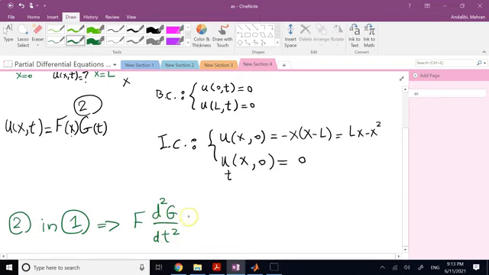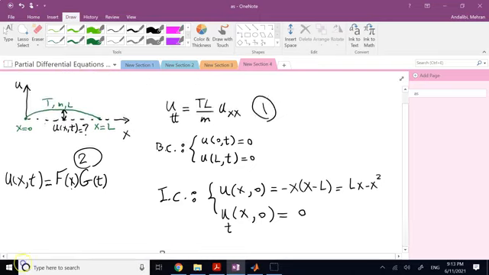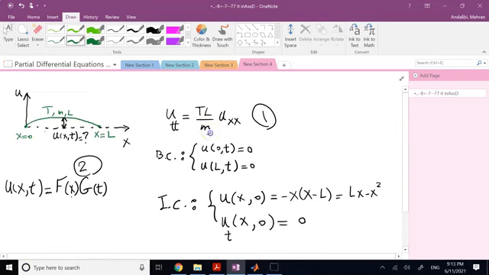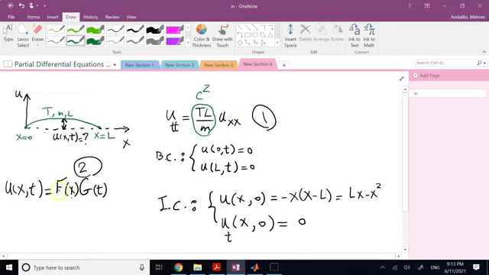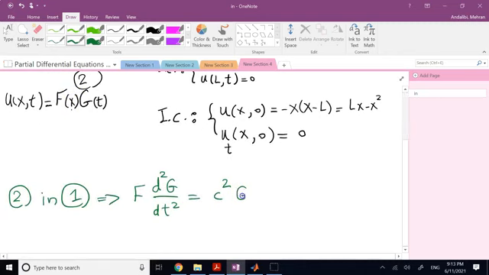This is going to be equal to c squared, where c is the speed of propagation of the wave in this medium, times the second partial derivative with respect to x, which is g times the second partial derivative of f with respect to x, because g has no x derivative.